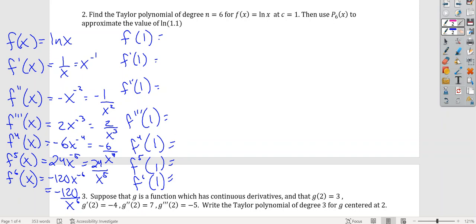So I've got those 6 derivatives up here, and then just plug in 1. It will be much easier to just plug in 1 once you have that positive exponent, because that's going to be the denominator. It's going to kind of just disappear.